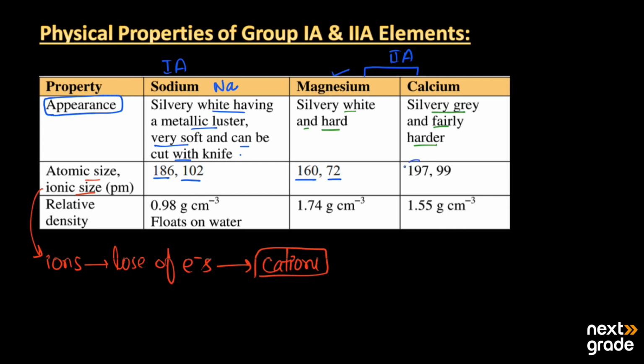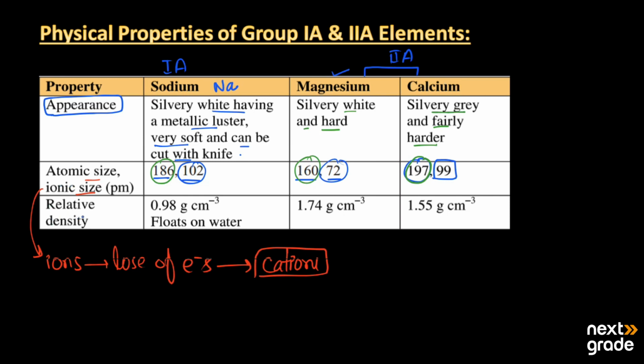The calcium atom is 197 but its ion is 99. So the sizes 186, 160 and 197 are the atomic sizes, the size of an atom. But when they lose electrons, the size becomes 102, 72 and 99. So the size of magnesium and calcium ions will be smaller as compared to sodium.